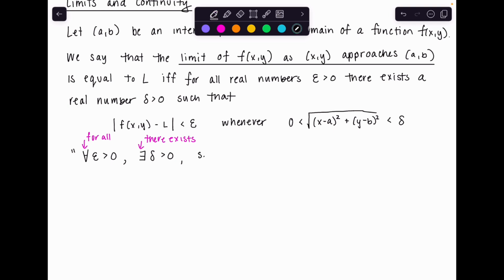Such that the difference between f and L is epsilon close whenever x and y are delta close to (a, b), but not exactly equal to (a, b).